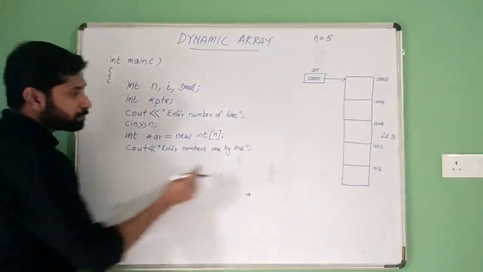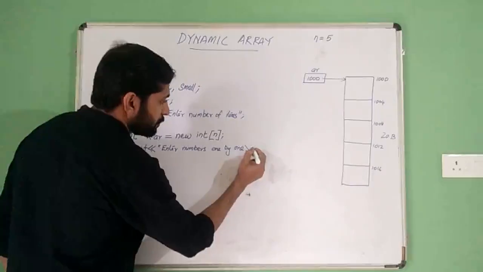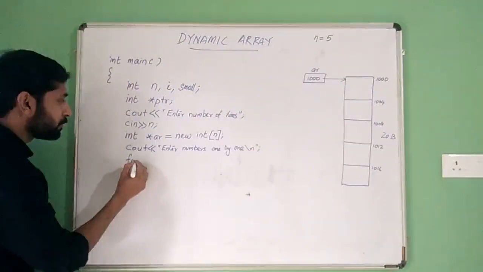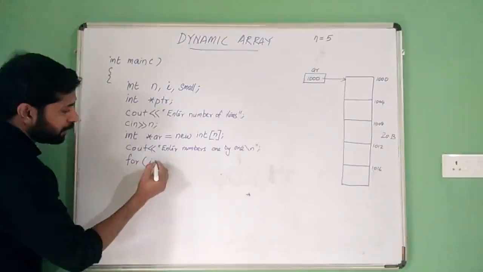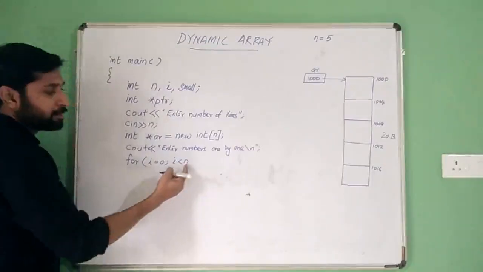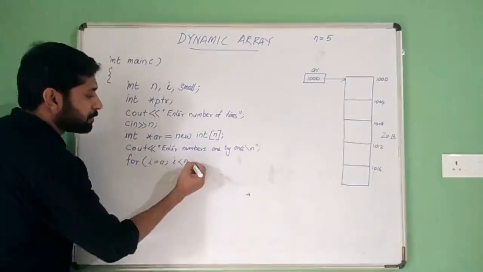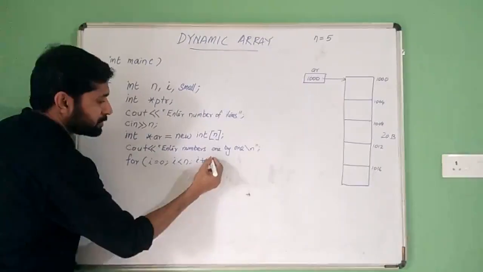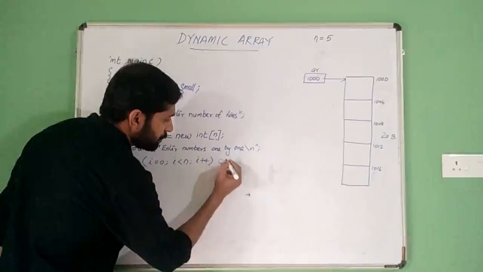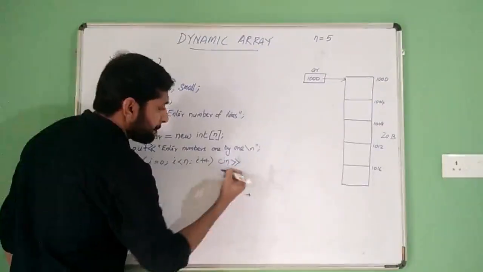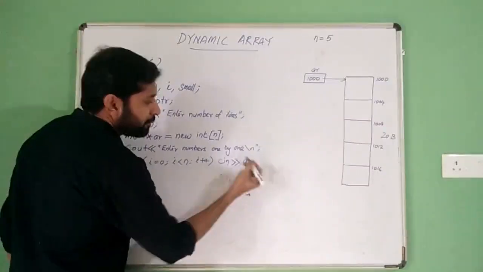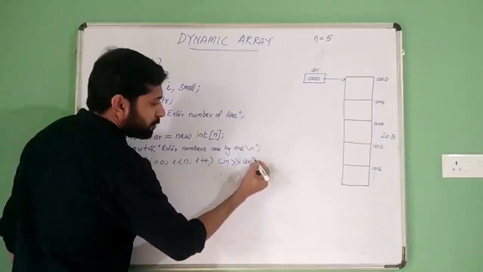Then we are opening a loop for i equal to 0, i less than n, n being the maximum number of items, i plus plus. cin, name of array is ar, we are using that, ar of i.